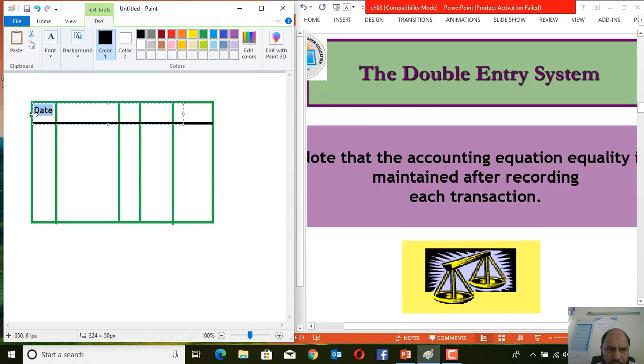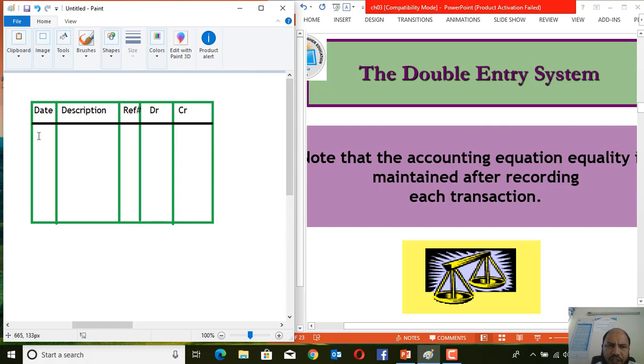Then we have description, a reference number, then we have the debit record, and then the column for credit record, credit. So see, we will take the same transaction.